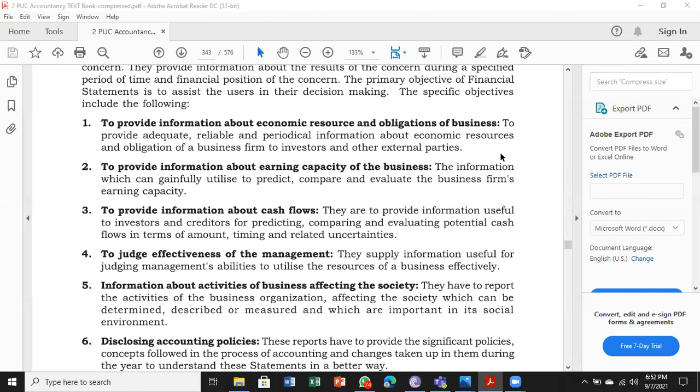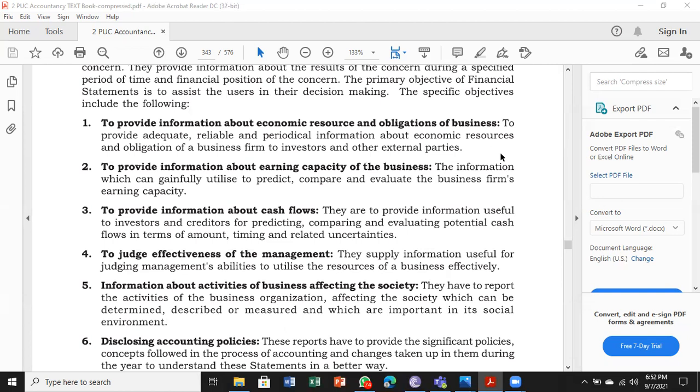To predict the future, to compare the results with two or three different years, how it was two years before, is there an increase in profit, a decrease in profit? So like that, to compare and to evaluate one business, that is that company's business, with other similar companies' business, and to understand what the earning capacity of the business will be in the future. For this, the financial statement is important.